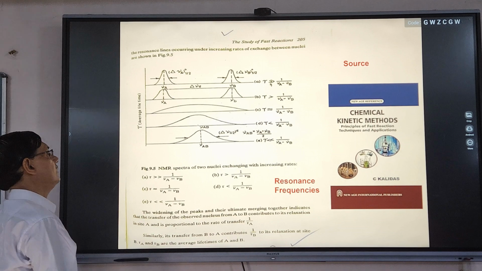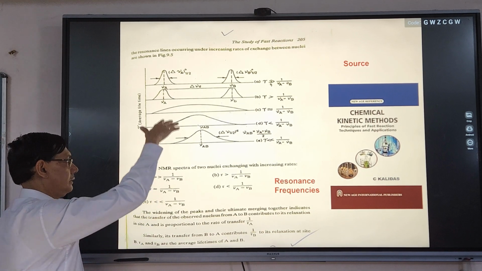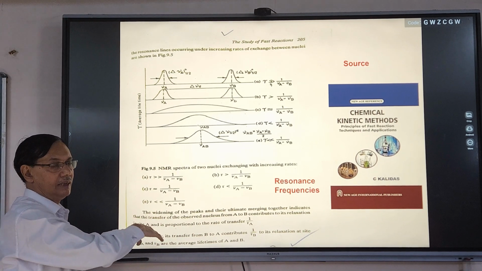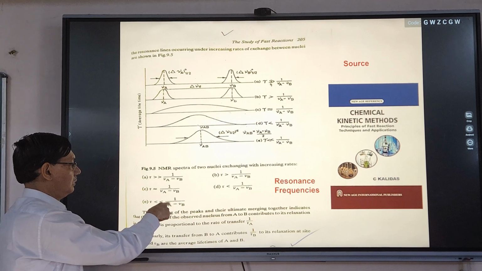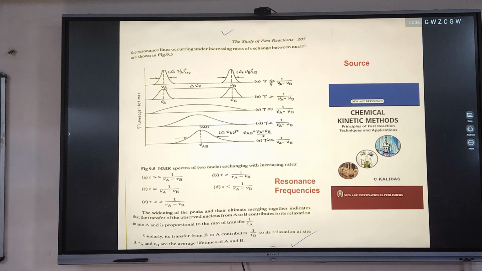So naturally there is no relaxation process, and at high temperature, again the last change, lifetime is very high. It is quite a natural thing.